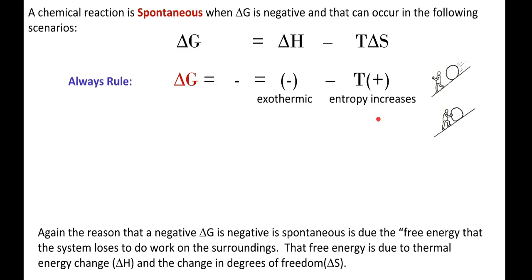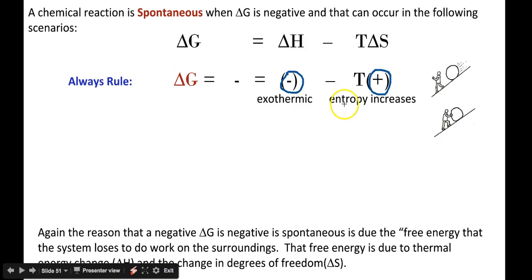Now why? Well, party people, if you think with me for a second, if this is a negative, let me just write something down. If this is a negative, and this is a negative, and this is a positive. This is a positive because entropy is increasing, and this is a negative because it's exothermic.